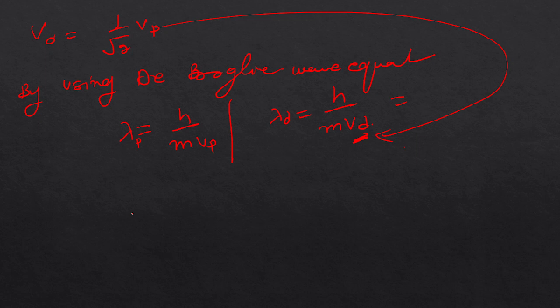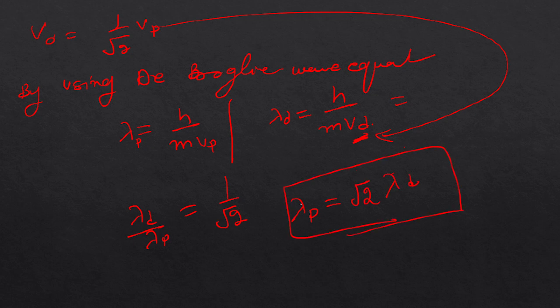lambda_d over lambda_p. I'm not doing it further because it's too easy. From here you can easily calculate that lambda_p, the wavelength of the proton, is under root 2 times the wavelength of the deuteron. This is the final relation that we got: lambda_p is equal to under root 2 lambda_d.